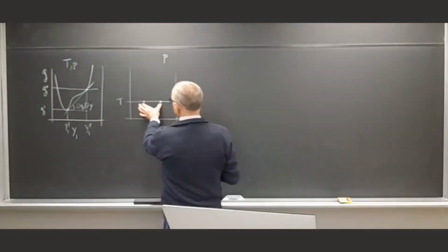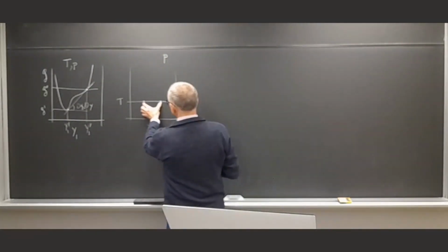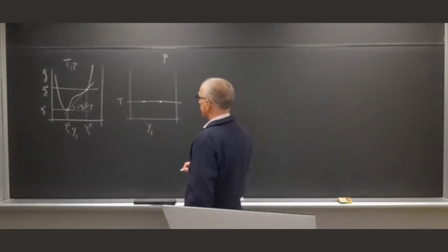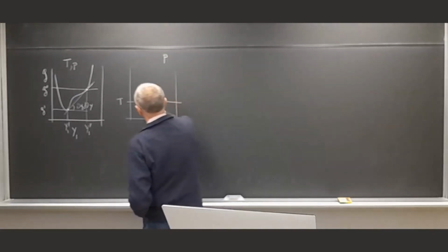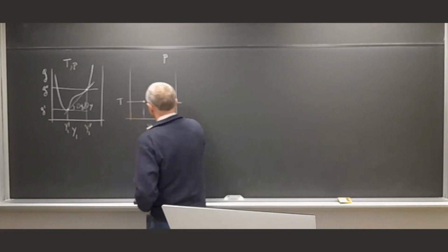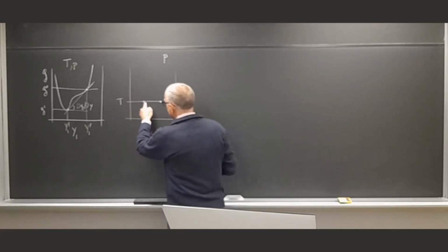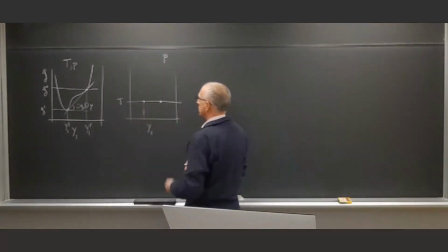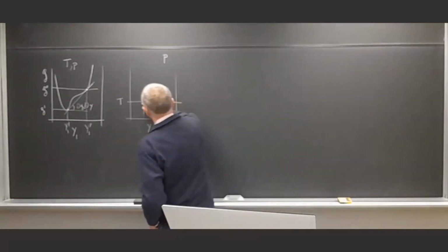This represents the 2 phases in mutual equilibrium. So this would be, say, y1. For example, for the phase, this would be y1f, and this is y1g, if you're talking about liquid vapor equilibrium.